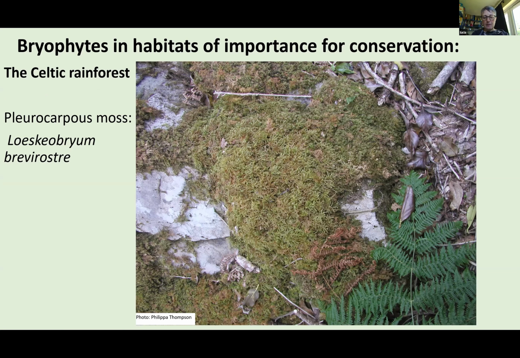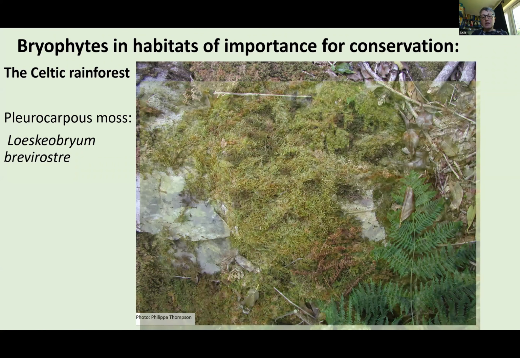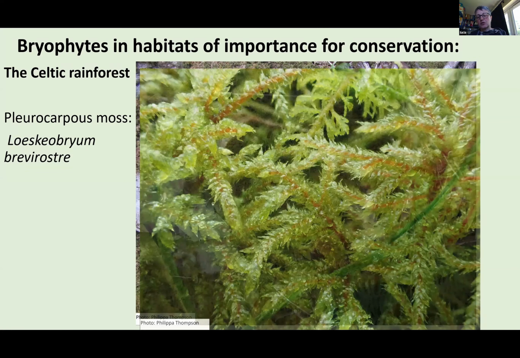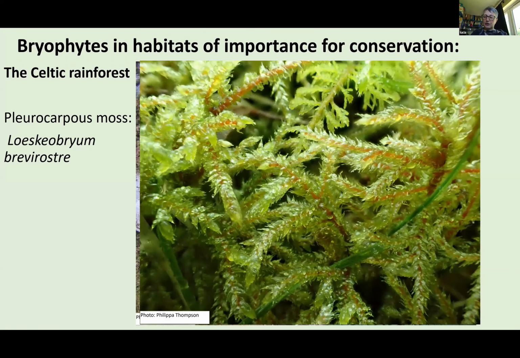It has a similar appearance to one of the Rhytidiadelphus, and it has a red stem like it. But the leaves don't tend to curve to one side at all, or to spread out or anything like that. It's a lot daintier, and if you look carefully with your hand lens, the stem is covered in this fuzz, which is basically modified leaves that grow on the stem itself.